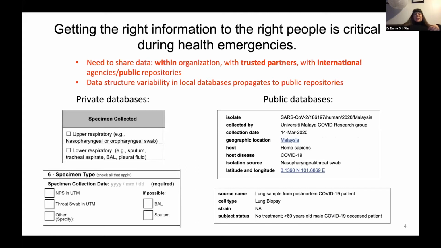And it's the variability in data structure, and when I say data structure, I mean the different fields, terms, and formats used to encode contextual data. It's the variability in that data structure that's found in local or private databases that often finds its way out into public repositories. And that makes contextual data harder to interpret and more difficult to use.